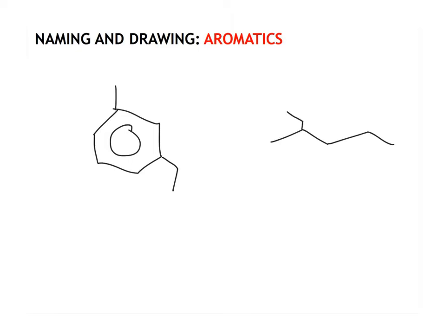When we name aromatic compounds, it can either be a parent chain, so we can have something like this, maybe 2 groups coming off of it. It can look like that. So it can be a parent chain, or maybe we have something like this, and it can be a side chain. Now, if it is a parent chain, the way that we name these is the parent chain is benzene. The other rules are the same. So if you think back to last week, we have a 1 carbon chain, that's methyl.